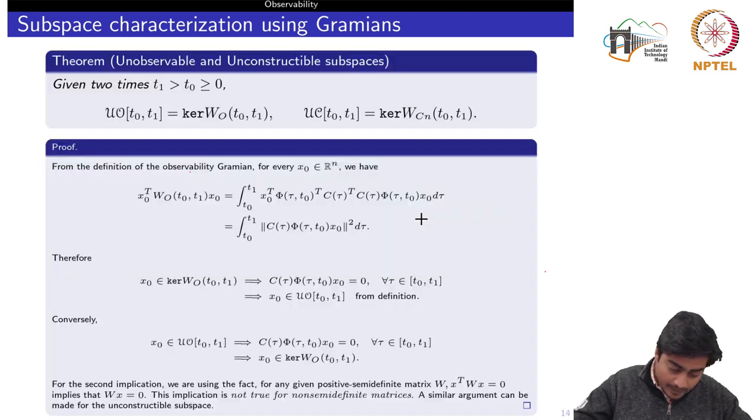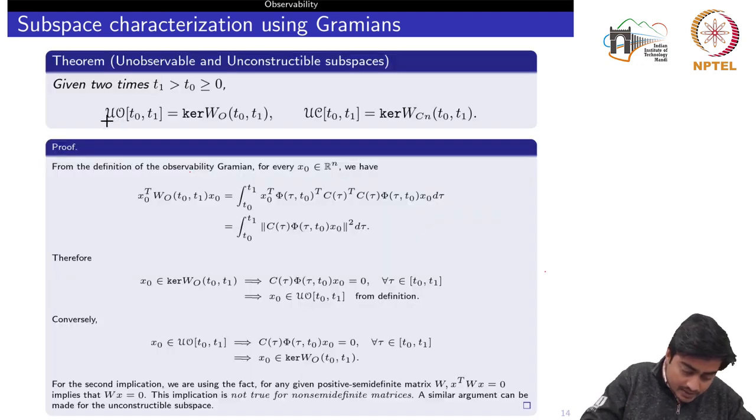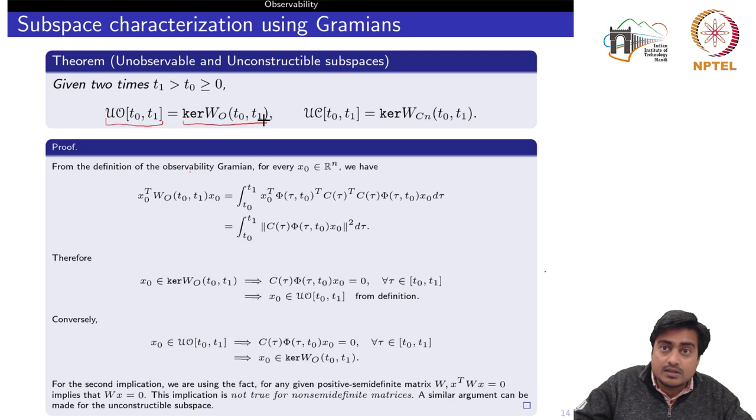So let's see. It says that the unobservable subspace from t0 to t1 is equivalent to the kernel of this square matrix W_O of dimension n. Now, if we go back to the definition of the observability, it says the unobservable subspace should contain only the zero vector, right?